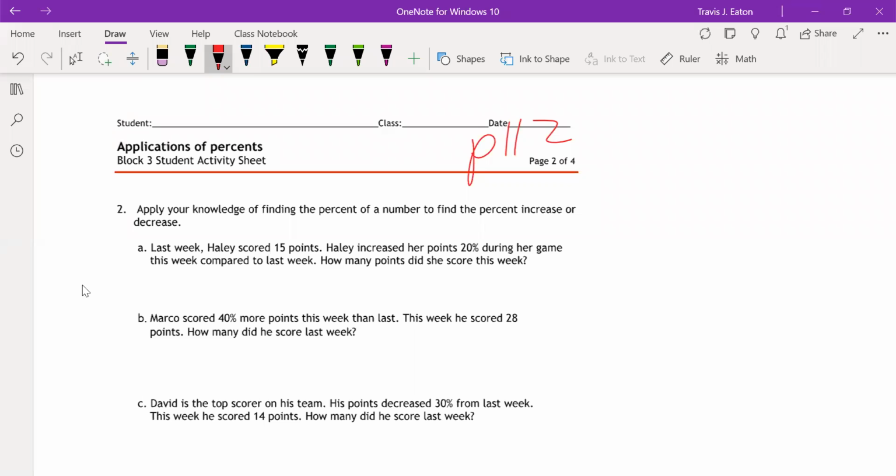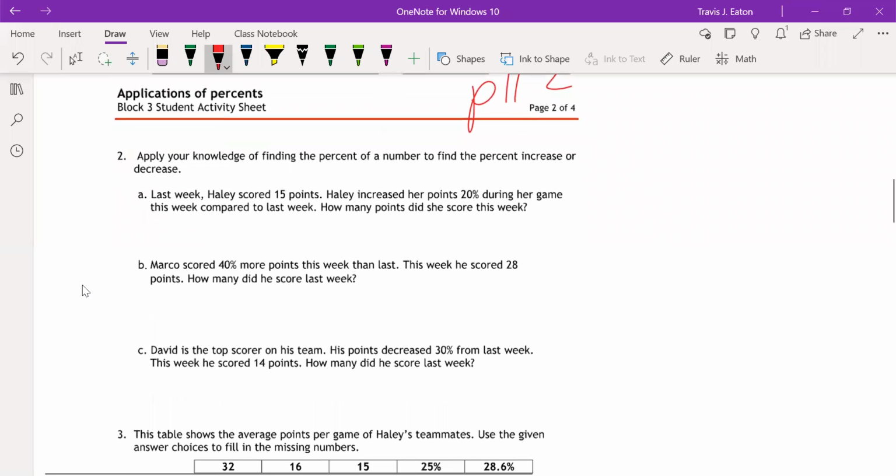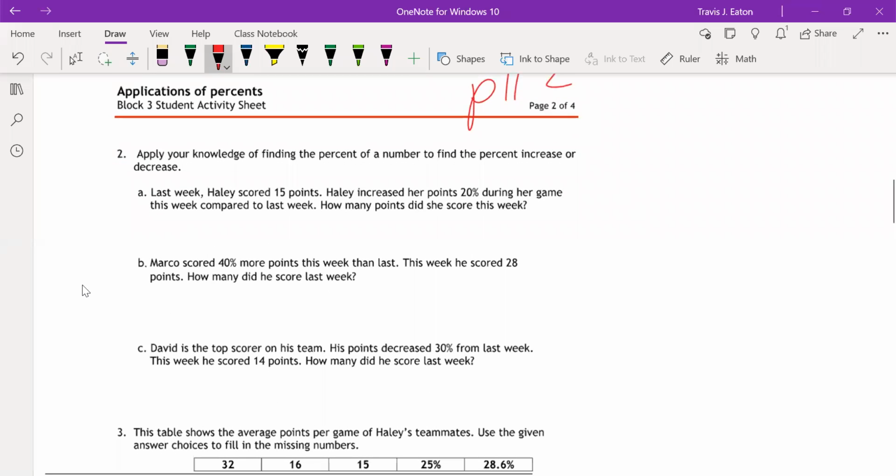Okay. Last week, Haley scored 15 points, and she increased her points 20% during her game this week compared to last week. So how many points did she score this week? Well, there are a couple of different ways we could look at this. First of all, we know that if she had 15 points last week, that was 100%, right?